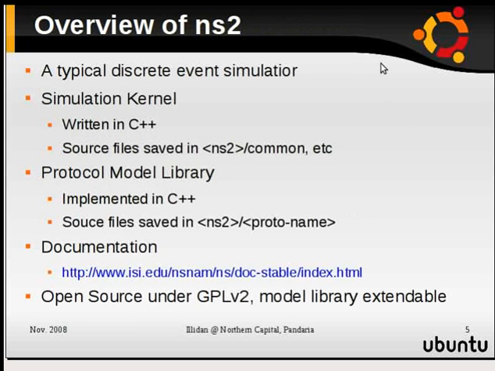NS2 is a very typical discrete event simulator. Here I also roughly classify its components as simulation kernel, model library, and documentation. But in NS2, the simulation kernel and model library do not have a very clear boundary. And its documentation is only available on the web. Here we have a look at its source code tree.